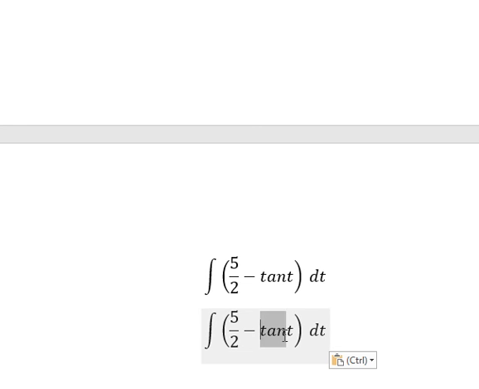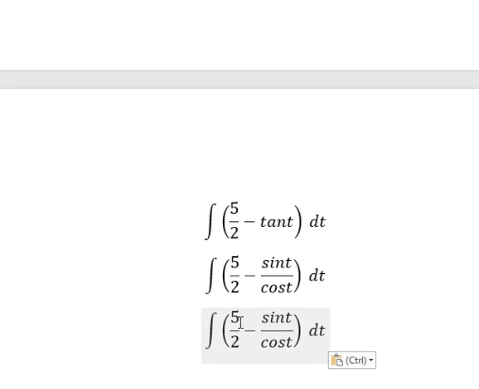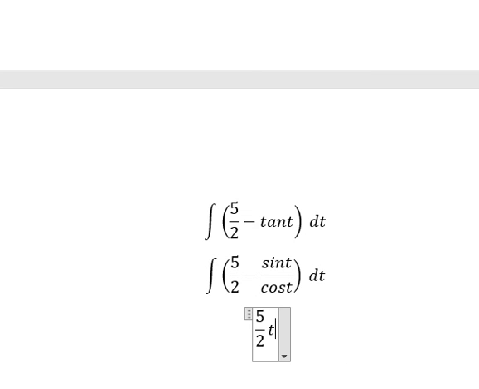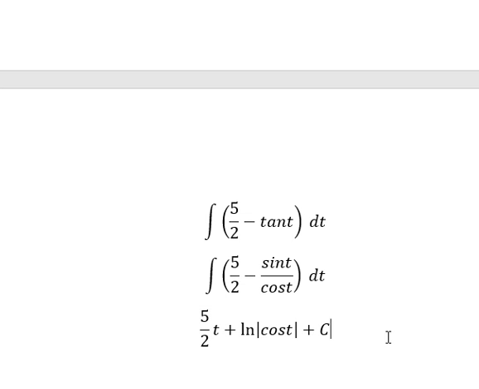So this one is sine t over cosine t. So the integration of this one we have 5 over 2 t. The integration of this one with the negative we have ln of the absolute value of cosine t, and I will put C.